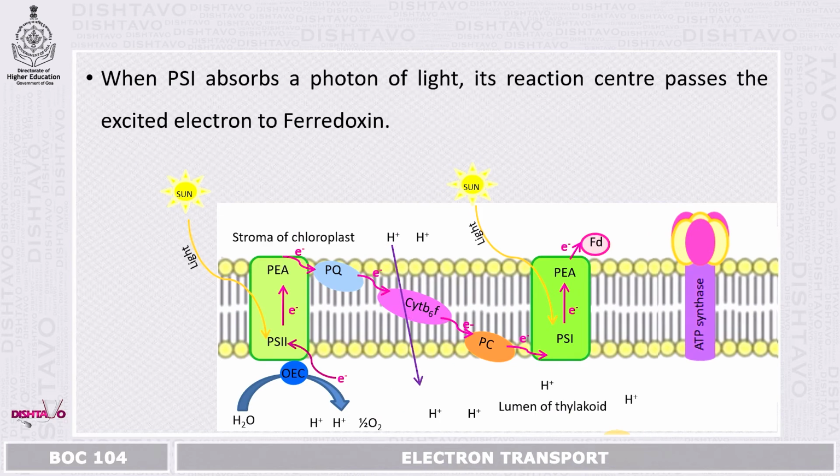When PS1 absorbs a photon of light, its reaction center passes the excited electron to ferredoxin.